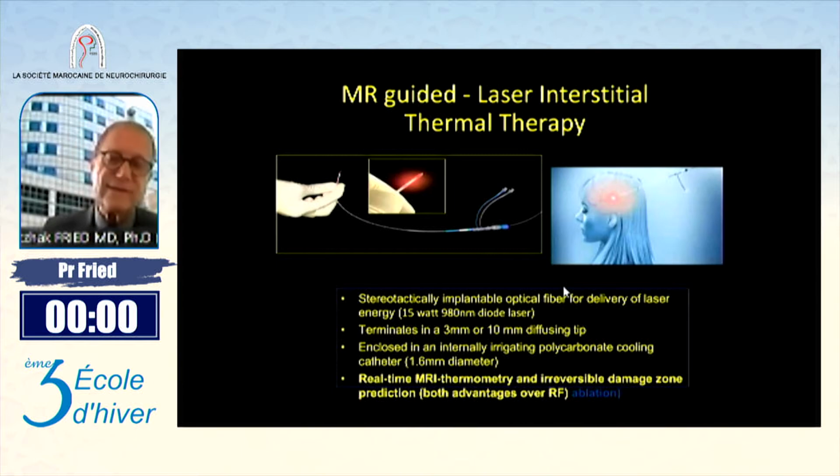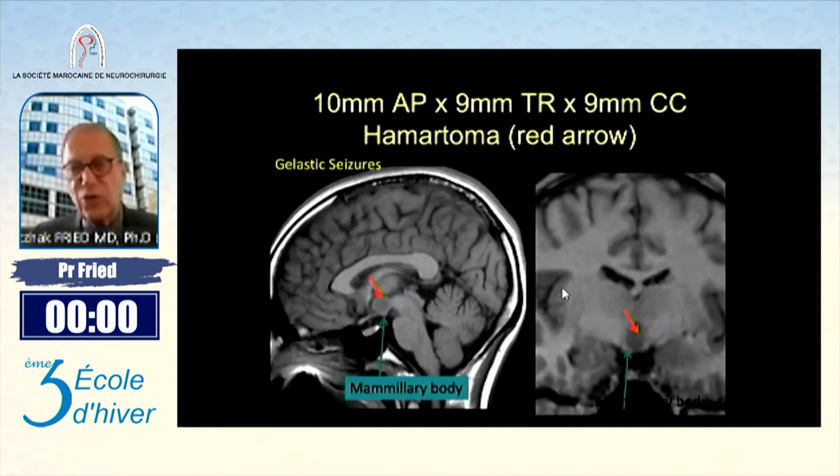But the idea is that you implant the catheter either in the OR or in the MRI, and then you have real-time MRI thermometry, and you basically cause heat damage to the tissue. So, just in general, as you know, and I'll go very briefly because it's not insular, we have treated hypothalamic hamartoma very effectively with this.